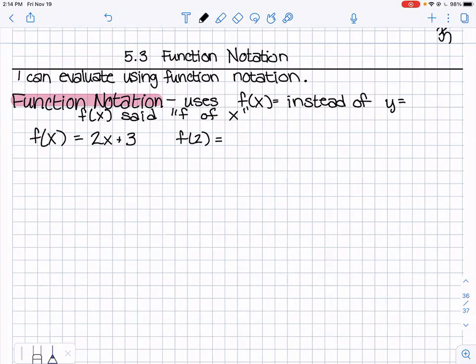So you replace x with 2 in the rest of the problem. 2 times 2 plus 3. What's 2 times 2, plus 3? 7. So what's f of 2? 7. We could still write our point, right? What number did we put in? 2. What number did we get out? 7. It's exactly the same as what we've been doing. It just starts with f of x instead of y.